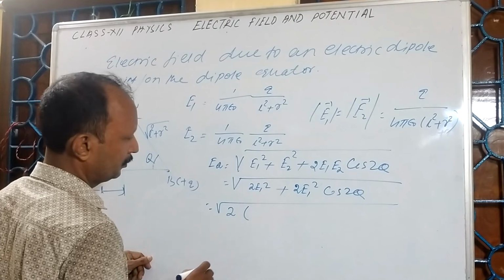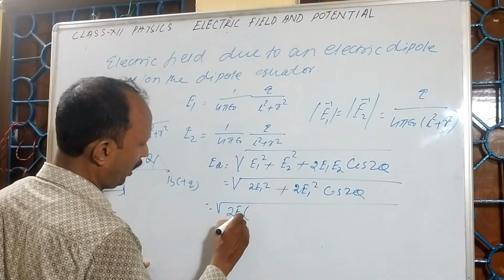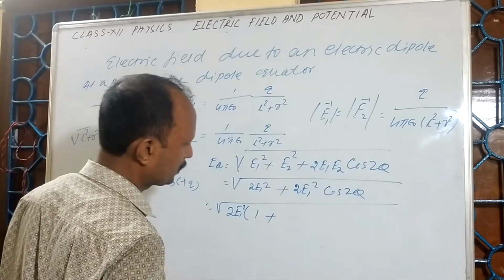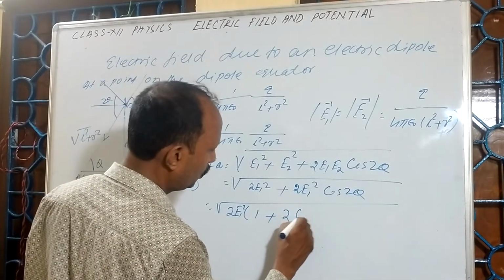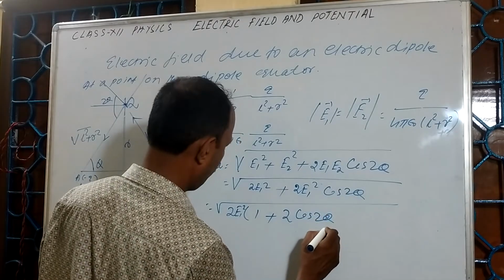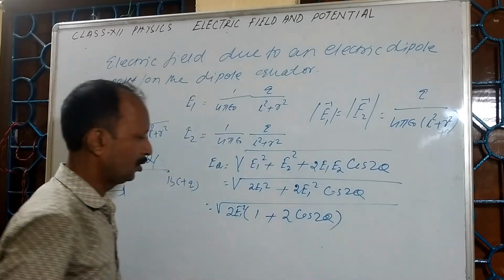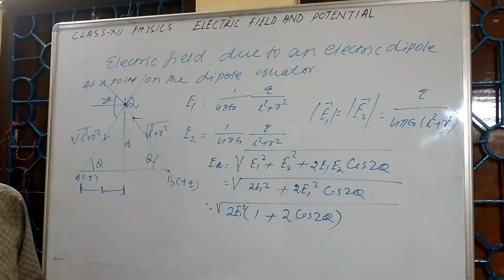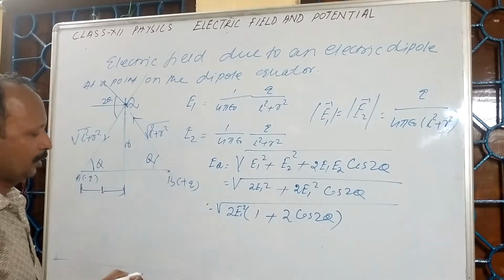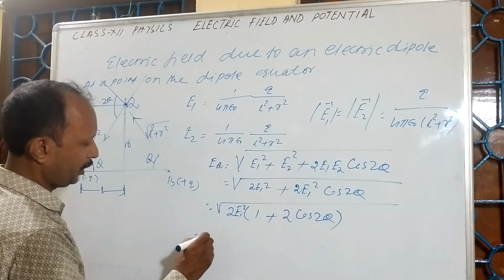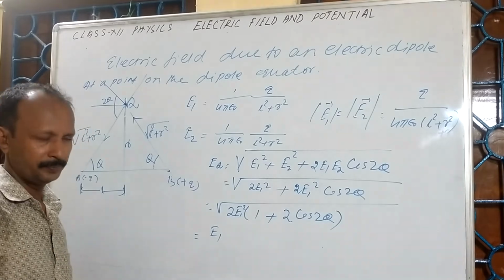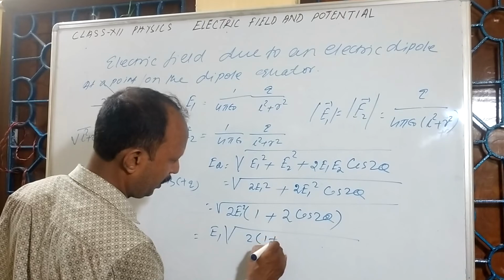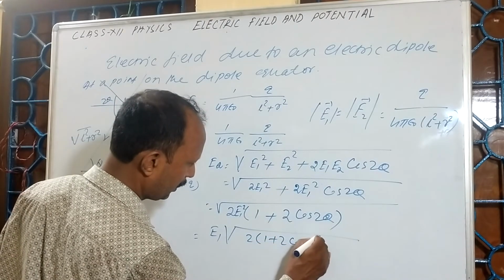Then how much is left? 2 E1 square you can take common, 1 plus cos 2 theta. So E1 square, I can take it out, then it will be 2 into 1 plus cos 2 theta.